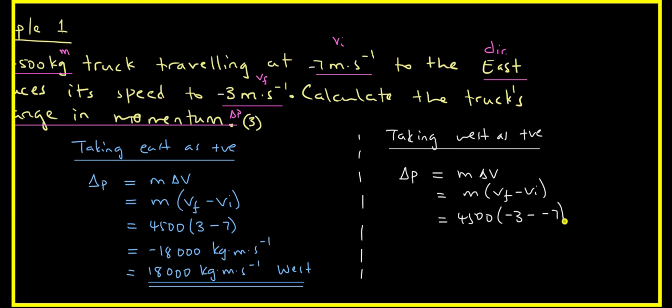That will give me 4,500 multiplied by negative 3 plus 7, which will give me 4.